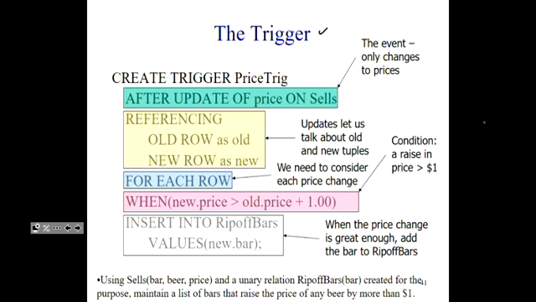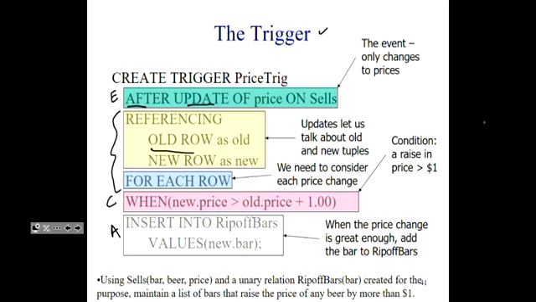So once again, this trigger is expressed as an event, condition, action sequence. Here the event is after an update of something on something. These two lines allow you to encode the variables that you want to keep track of.